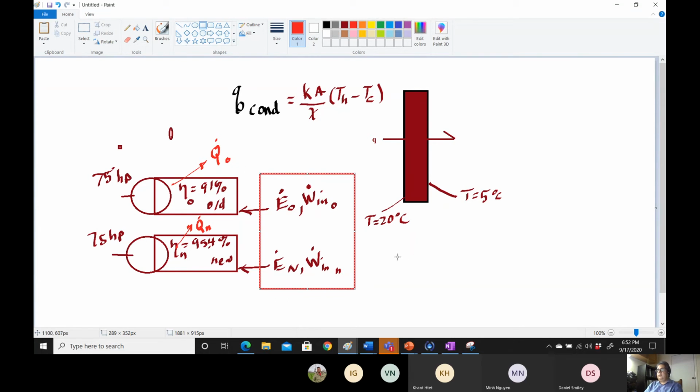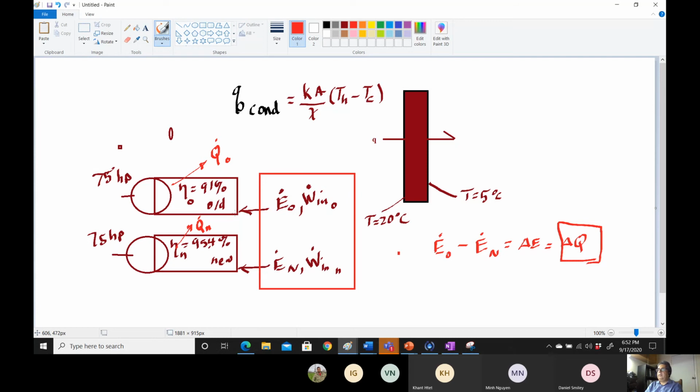So you need to find E dot O minus E dot new. That's the change of energy, which manifests itself as your change in heat. This is what you're trying to find.